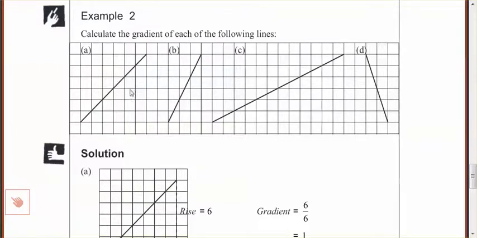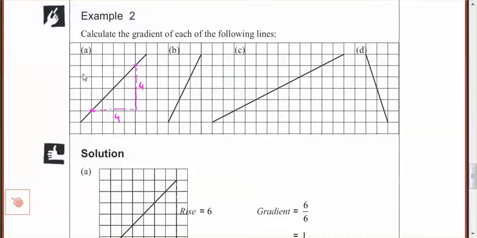So, we haven't got an axis, so what we're going to do for this one, because there is no axis, we're just going to count the squares. So, pick points, there's lots of points here, I can pick any that I like. So, pick a point there, pick a point here. If I do those two, I've got a 4 divided by 4, which is 1.